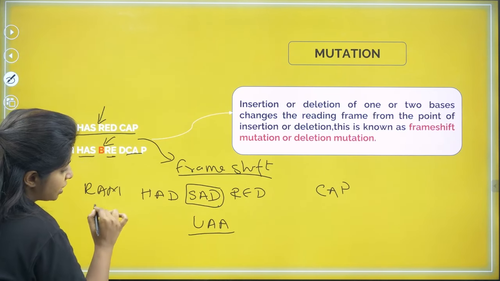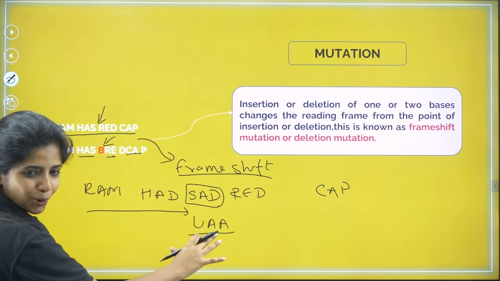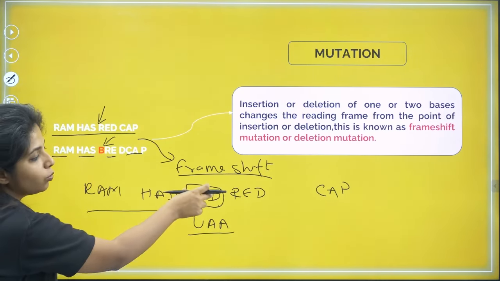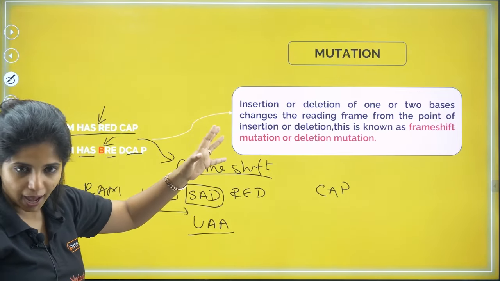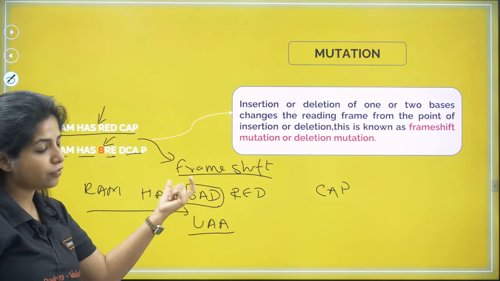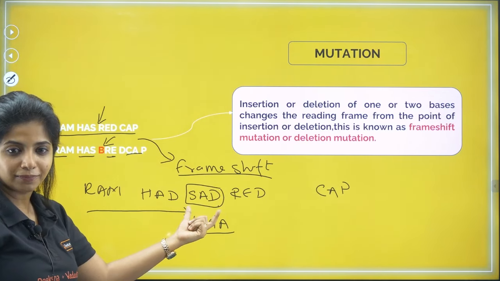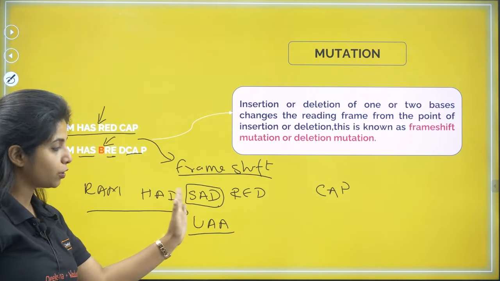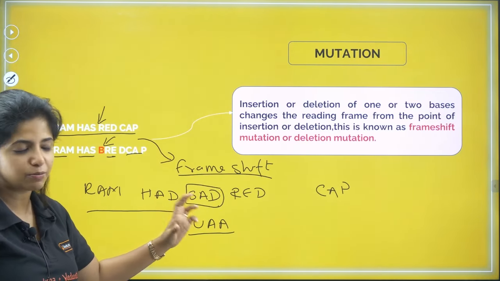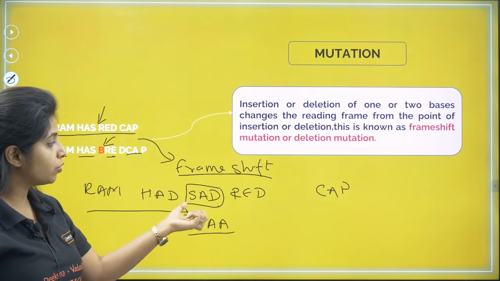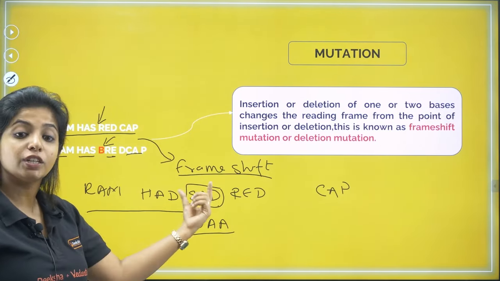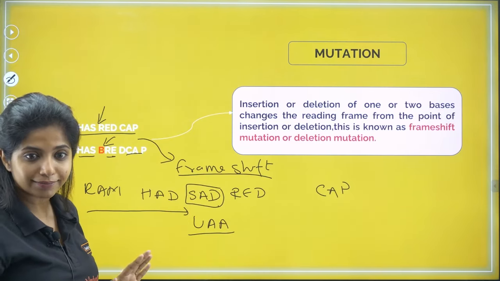Then translation will happen from here to here and it will stop. Whatever nucleotides are being added, if it is 3, frame shift mutation is not going to happen. But if it is a stop codon, the whole process of translation, not transcription, translation, would stop over here. If it is not a stop codon, translation would happen with an additional amino acid over here.